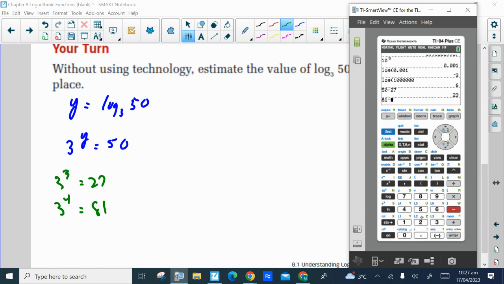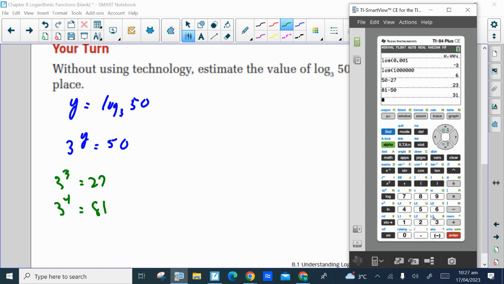Between 81 and 50, it is closer to 27 than it is to 81. However, we're going to see that our answer is actually closer to 4 than it is to 3 because of what an exponential function does, right?